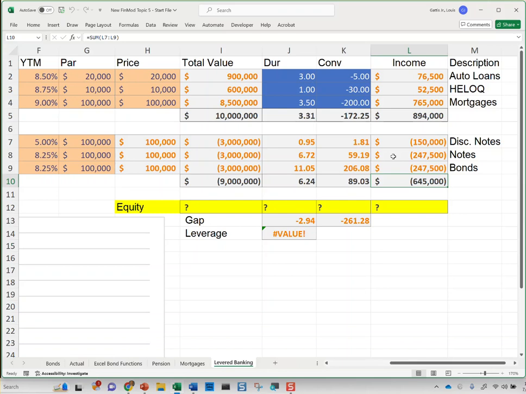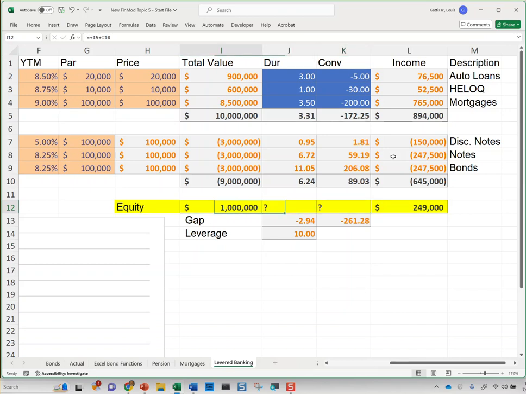And there's the income. So what is the total equity? Well, if you have assets and liabilities, liabilities being a negative number, it has equity of 1 million. I can also use that formula to show the total income that's going to be generated, $249,000 a year. Notice the leverage. You have $10 million of assets funded by $1 million of equity and $9 million of debt, which is 10 to 1.